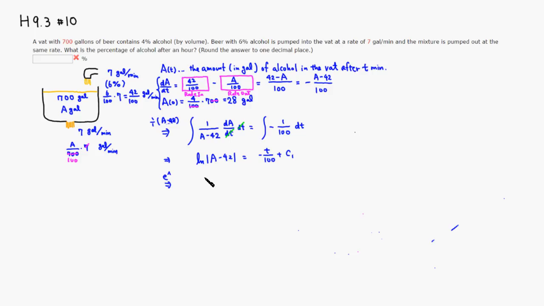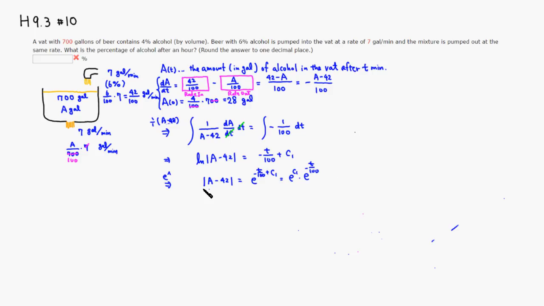So the absolute value of A minus 42 equals e to the negative t over 100 plus C1, which we can split as e to the C1 times e to the negative t over 100.